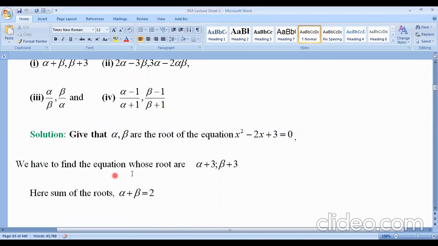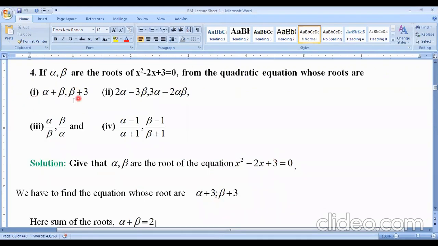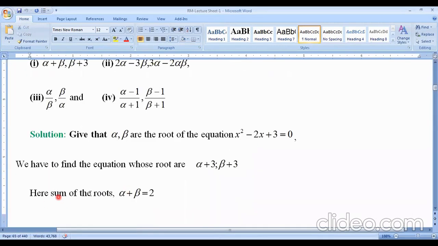Now we have to find the equation whose roots are alpha plus 3 and beta plus 3. Now first of all, what will be the sum of the roots of the equation, alpha plus beta? Minus b by a.